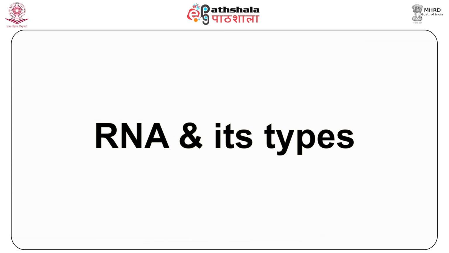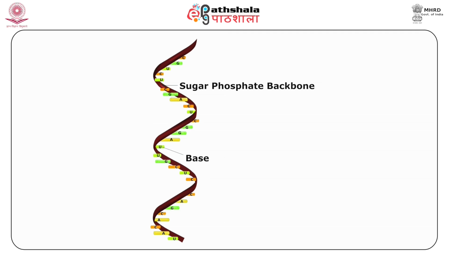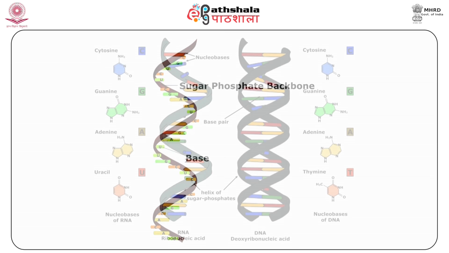RNA and its types. Ribonucleic acid or RNA is a polymeric molecule. It is implicated in various biological roles in coding, decoding, regulation, and expression of genes.